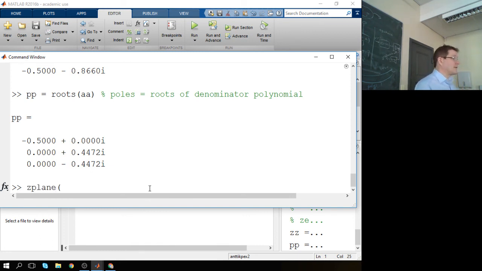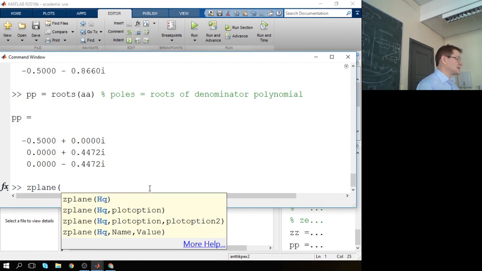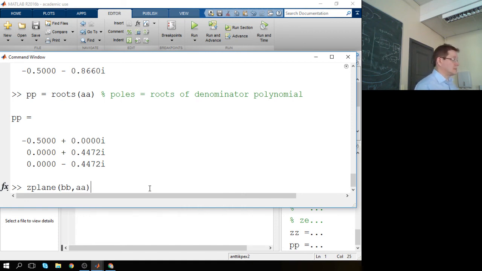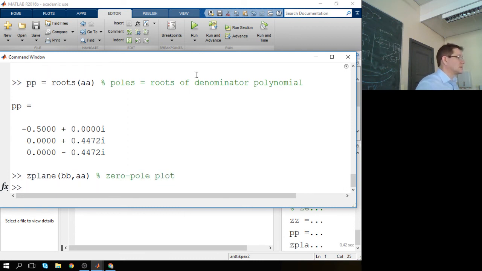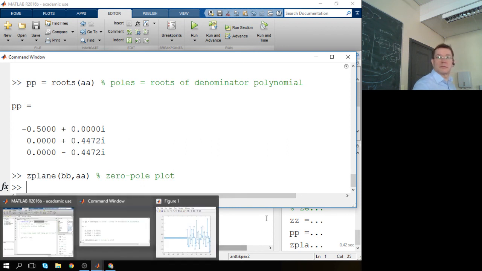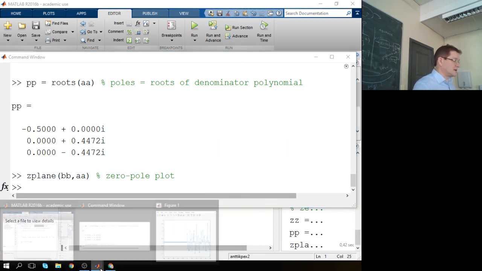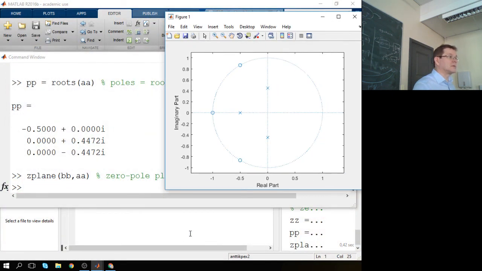We can plot those using the z-plane function, z-plane of BBAA. Okay, pole plot. Did I get it somewhere else again? No? Ah, there. Good.